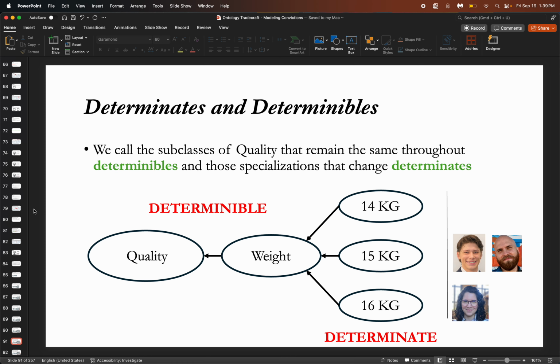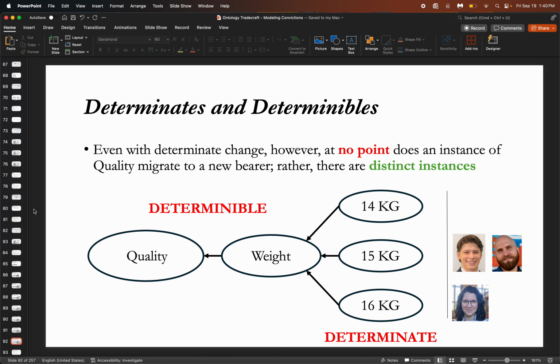We sometimes call these determinables and determinates. The determinable is the common class under which John has to have a weight, and the determinate is a spectrum of weights John might have, or that instance might fall under. Even with determinate change, though, at no point does any instance of, say, a quality migrate to a new bearer. So John's weight can never be Regina's or Cameron's. They're just distinct instances.